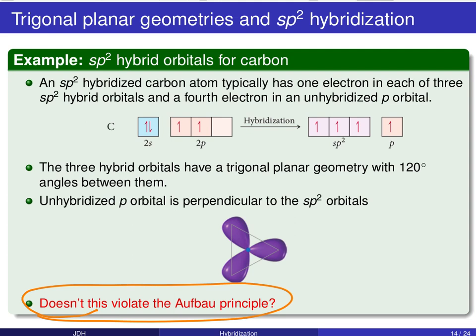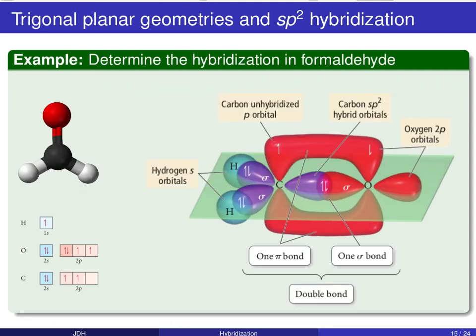Okay, so to appreciate this, let's go ahead and look at a simple example, formaldehyde here, where we have a little bit more complex Lewis structure: carbon, oxygen, and then 2 hydrogens. We've drawn out the electron configuration for these guys. We know that this carbon atom, from our Lewis dot model, has a trigonal planar geometry.